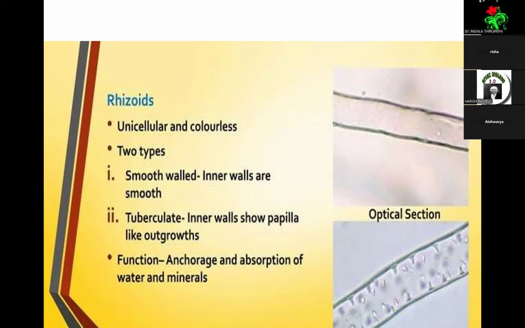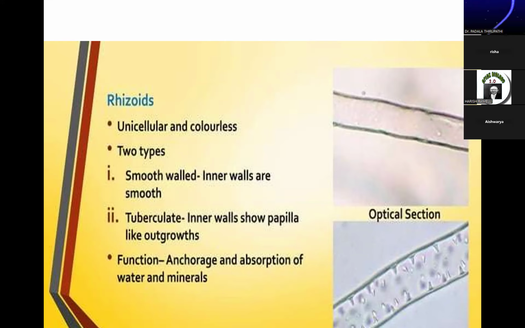The upper diagram you are seeing shows smooth-walled rhizoids. That is, the inner wall is smooth there, so they are called smooth-walled rhizoids. Whereas the lower diagram shows tuberculate rhizoids. These rhizoids are called tuberculate rhizoids because from the walls some papillae-like outgrowths grow.